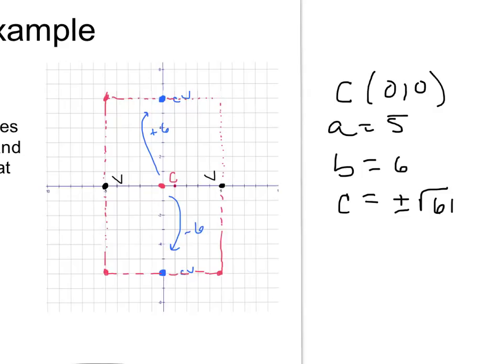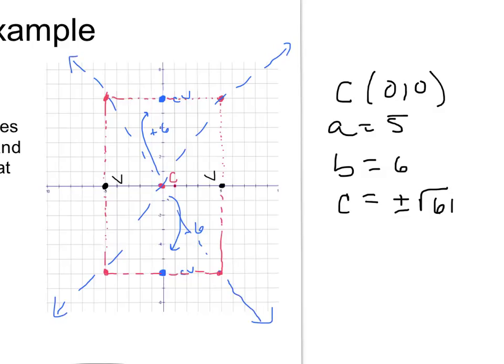The opposite vertices of this rectangle are the points that the asymptotes we're supposed to draw touch.